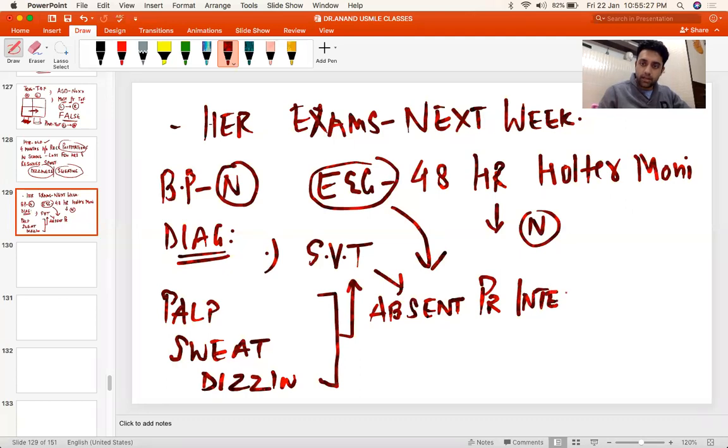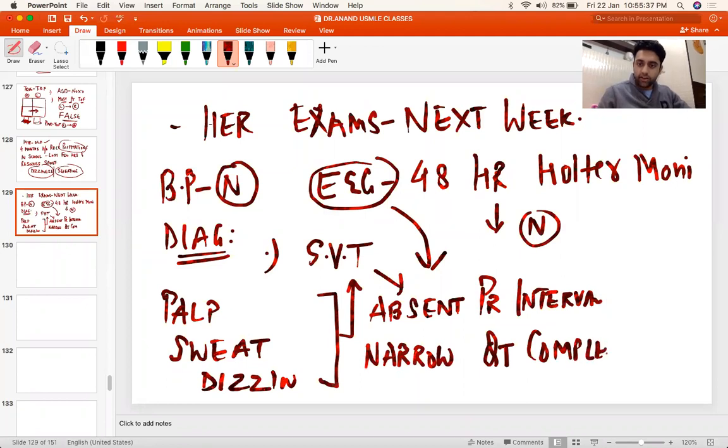Absent PR interval and narrow QRS complex. If it is a case of supraventricular tachycardia, the patient should have these ECG findings. But my patient is having a normal ECG. That is important. Okay, very good, Dr. Asif.